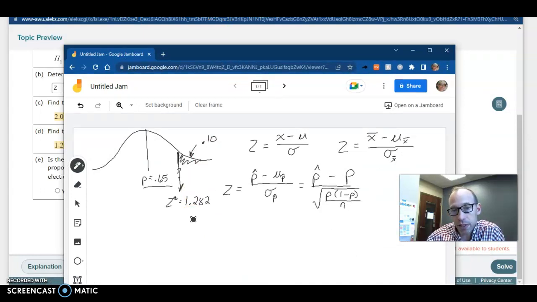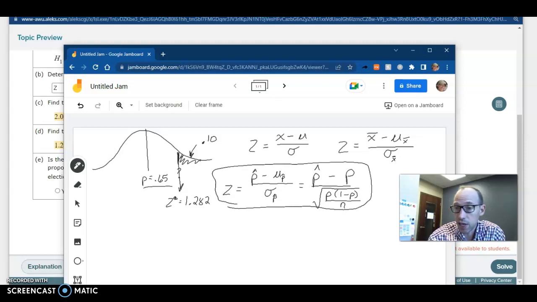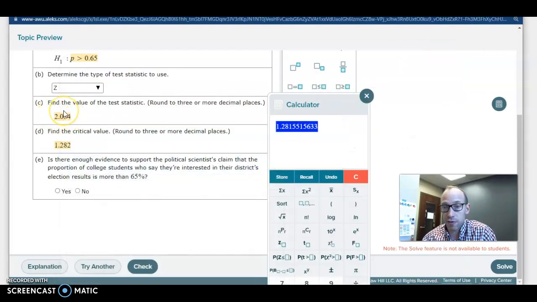As long as our test statistic from this calculation is further out into the tail, we're going to be inside the rejection region, and we're going to reject the null hypothesis. And in fact, our 2.054 was well beyond that 1.282, so there is enough evidence to support the claim that it is more than 65%.